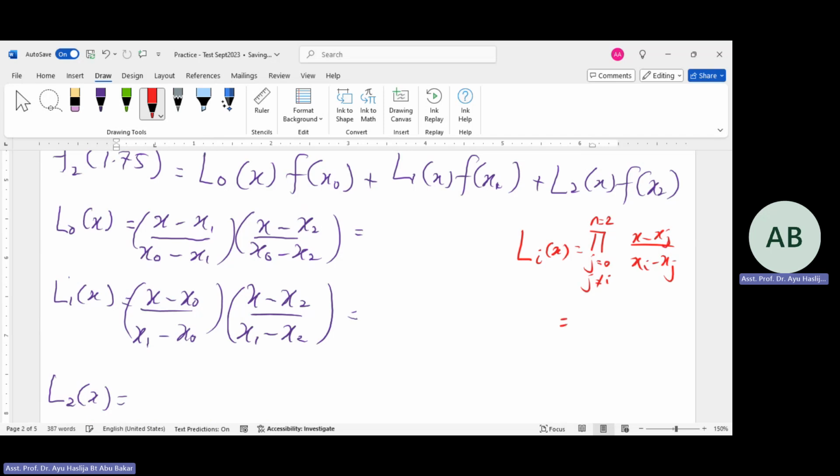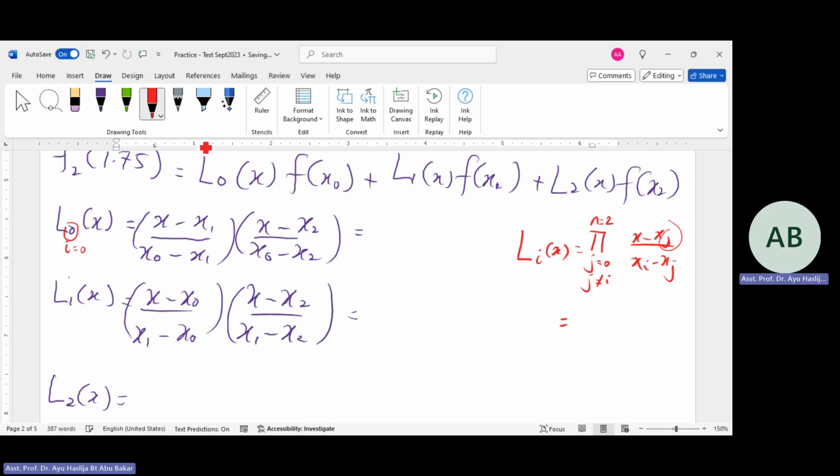Okay, so this one I want to explain how to expand the weighting function. Now j starts from 0, but j cannot be the same as i. So that's why j over here cannot be the same as i. Let's say here L naught. So j starts from 0, but here i equals 0. j cannot be the same as i.